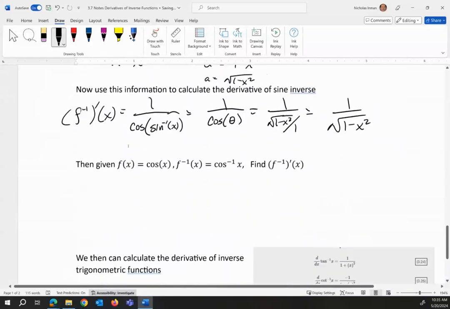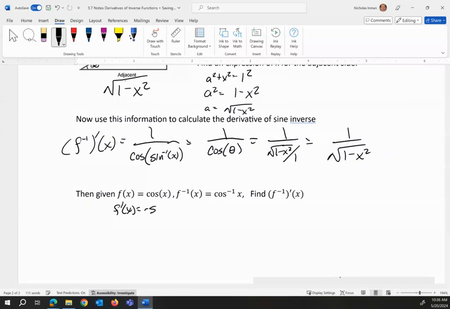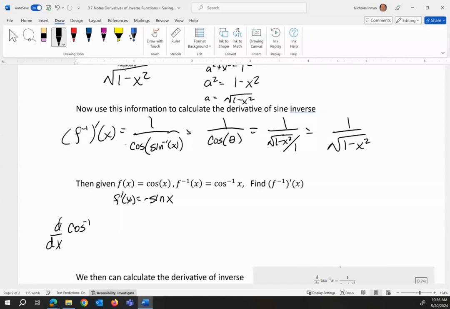So if that's the case, we can then do cosine. We know the derivative of cosine is negative sine. The derivative of cosine inverse then is 1 over the derivative of our function, inside of which we put our inverse function.